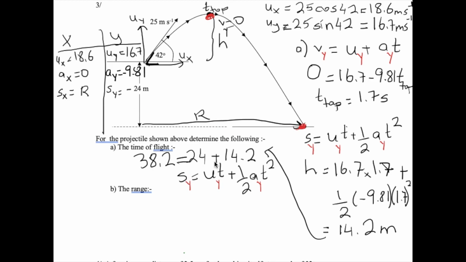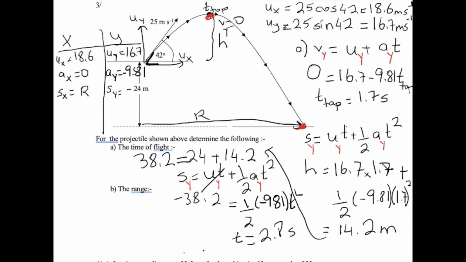And for that part, initial velocity y is now 0. Displacement is a negative 38.2, and the acceleration is negative 9.81, t squared. So this time is going to be 2.8.